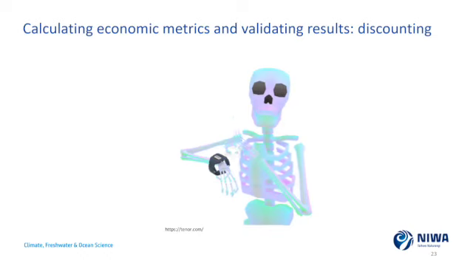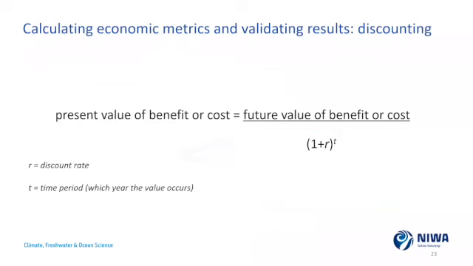We call this having a positive time preference, and it's generally an accepted concept in CBA. The practice of accounting for this time preference is called discounting, and it involves expressing those future costs and benefits of a policy in terms of their present value. The formula involves using the reverse of a compounding interest rate.